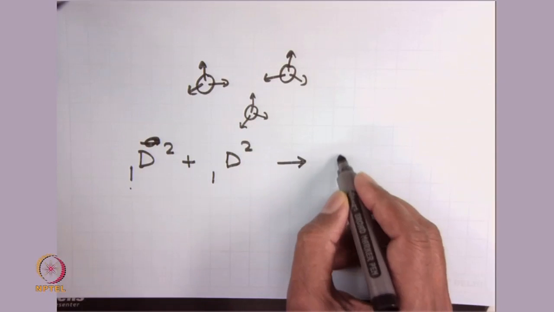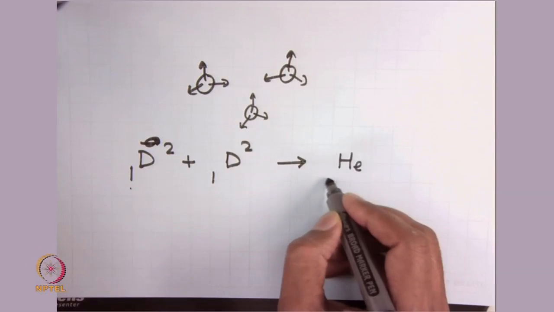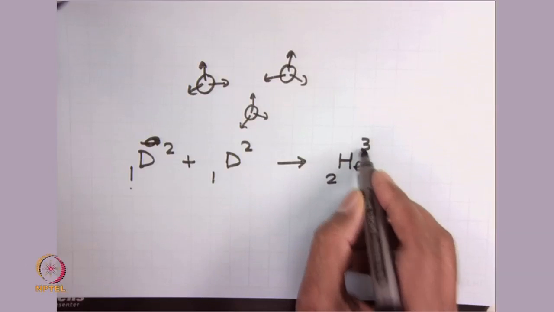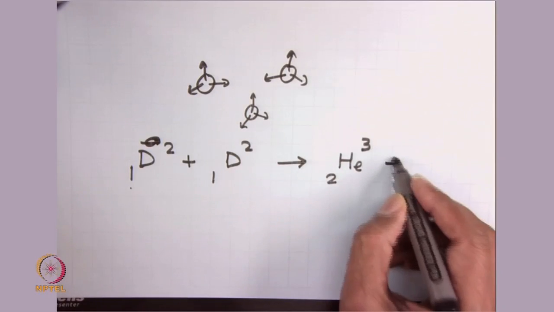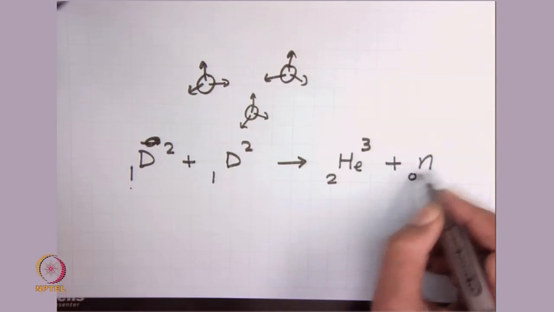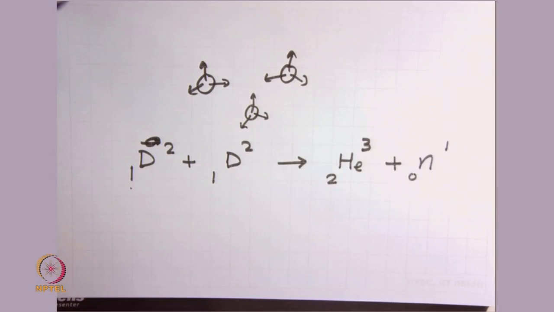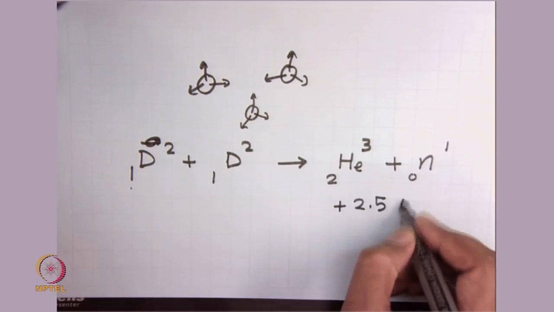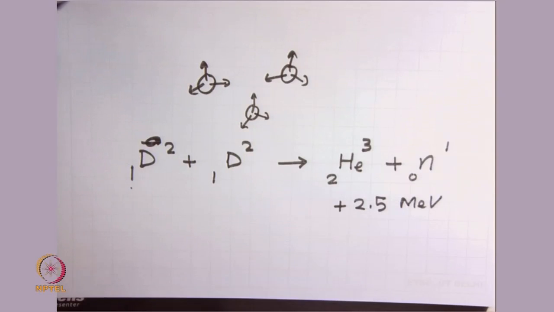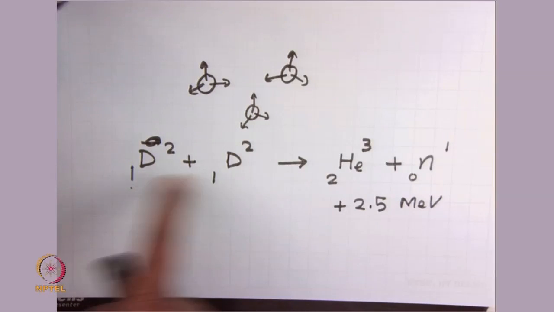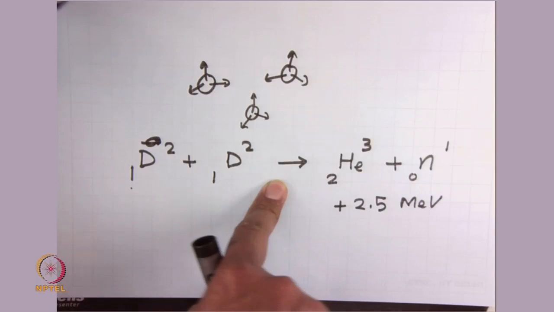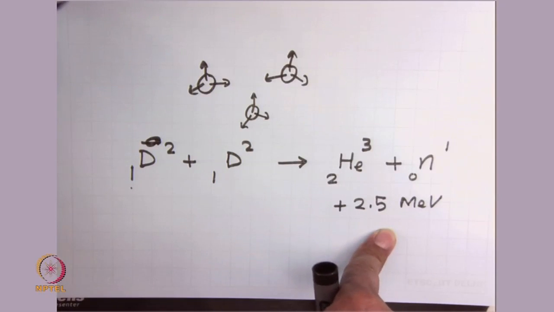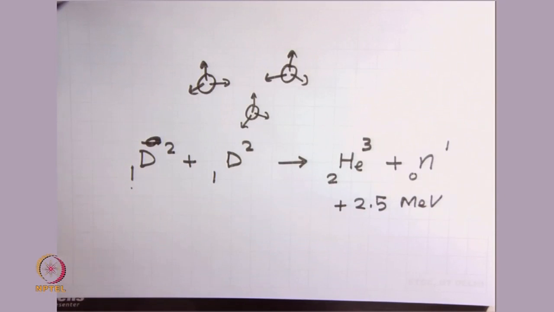It undergoes fusion producing 2He3 helium plus neutron and releasing about 2.5 MeV energy. So, the energy required for this fusion reaction is 10 to 20 keV, but the energy produced is in MeV, and this is how the neutrons are produced.